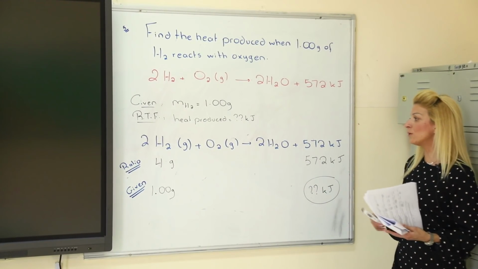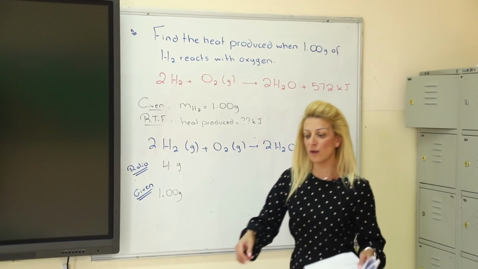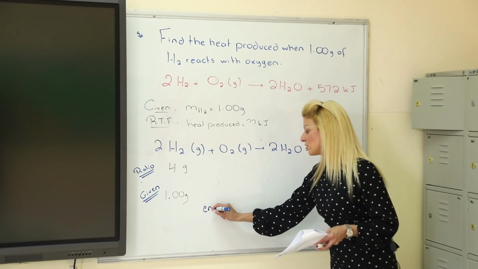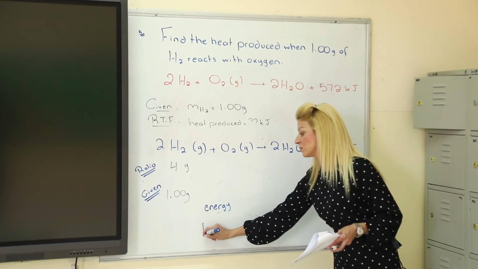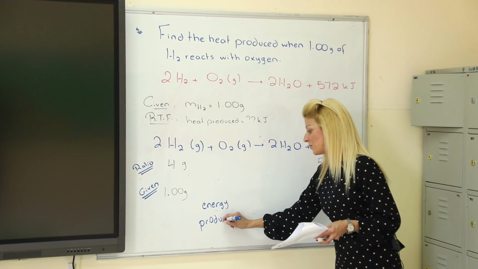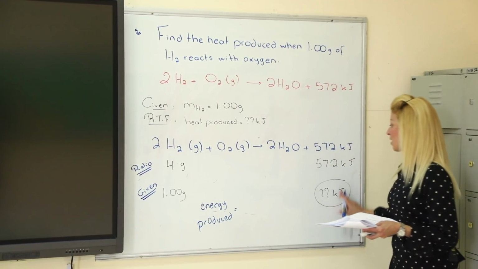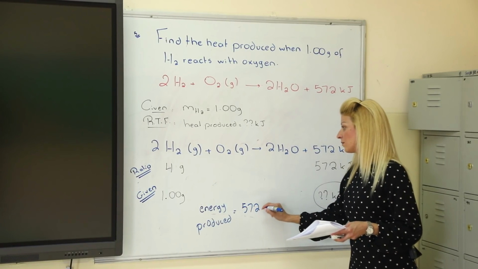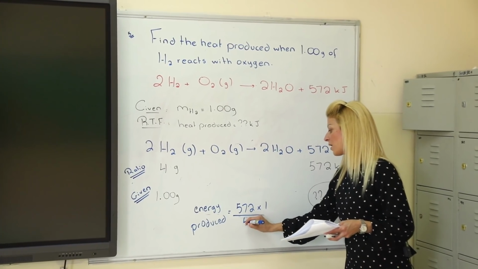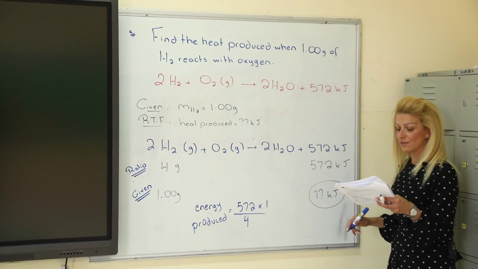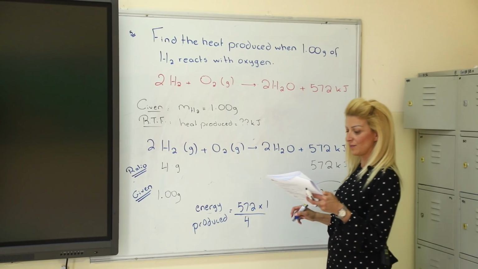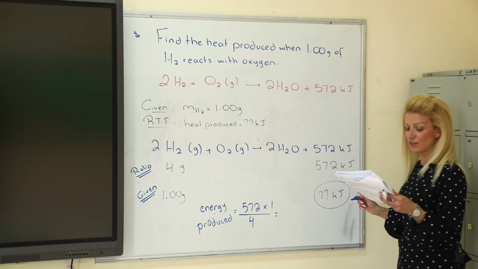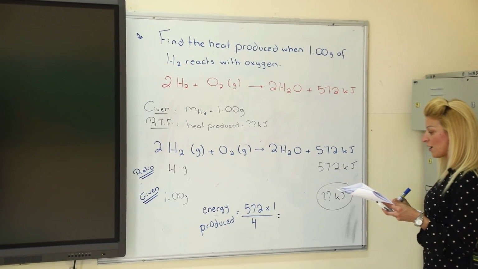We do a simple cross multiplication. When we cross multiply, we will end up with the energy produced to be 572 times 1 divided by 4. So we end up with an answer on the calculator. So you end up with 572 divided by 4.